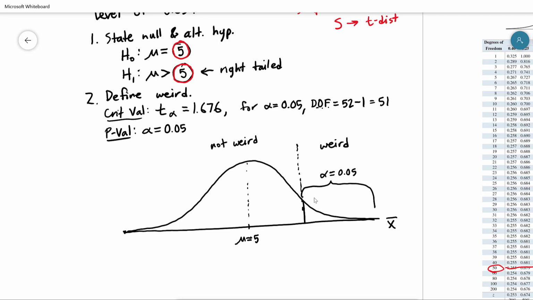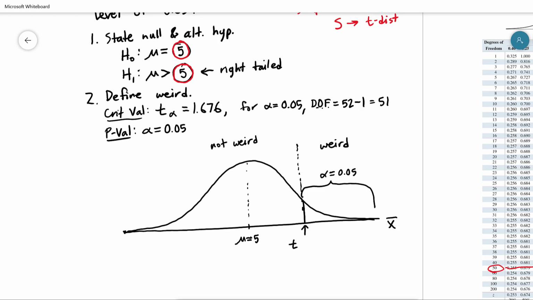So it's the most extreme 5% of the area under the curve to the right. In the p-value method, we defined this weird region by its area right here. This is the significance level. If we're doing the critical value method, I define the weird region by this t-score, 1.676, and that is the t-score that tells me where the boundary of this is.